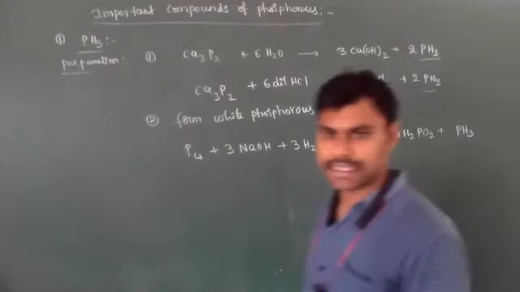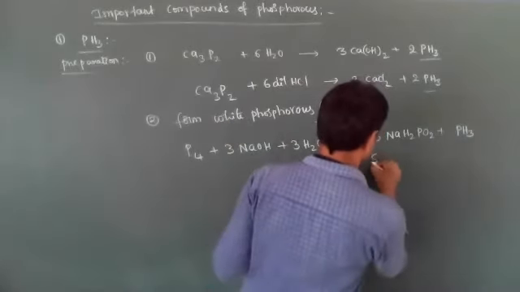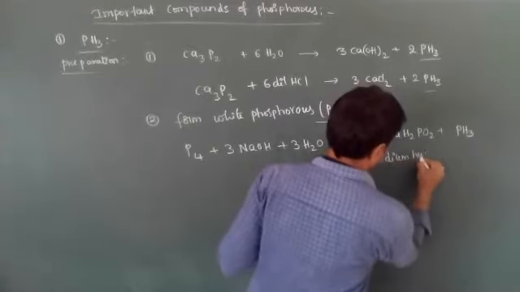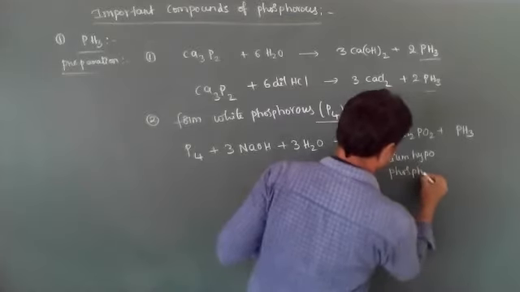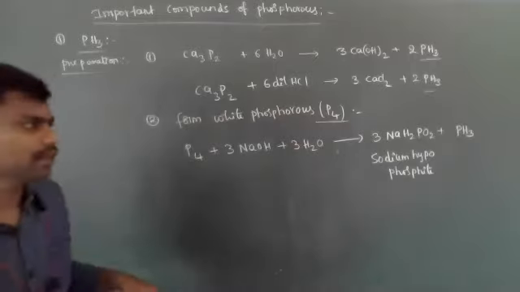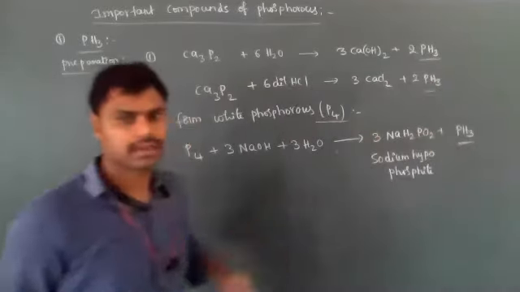Sodium hypophosphite plus PH3, phosphine, will form. So this is another method for the preparation of phosphine.